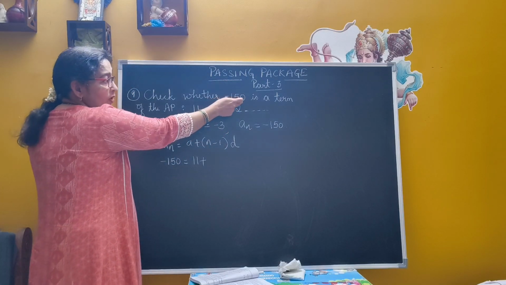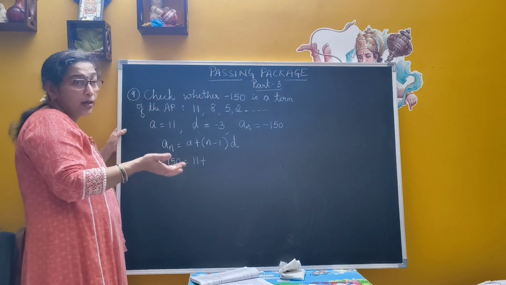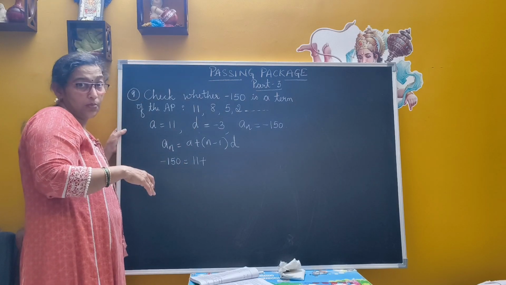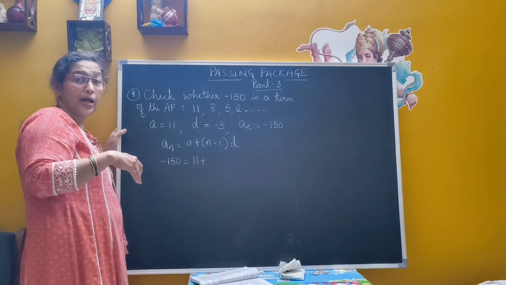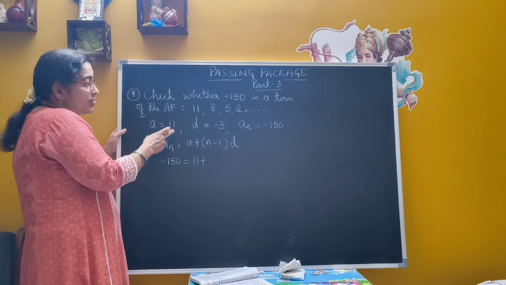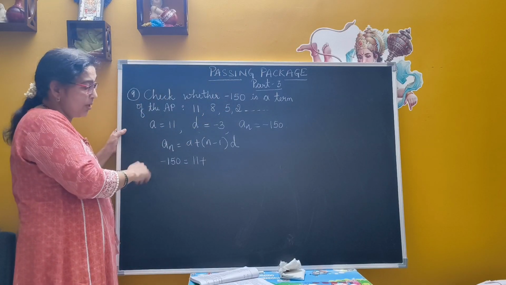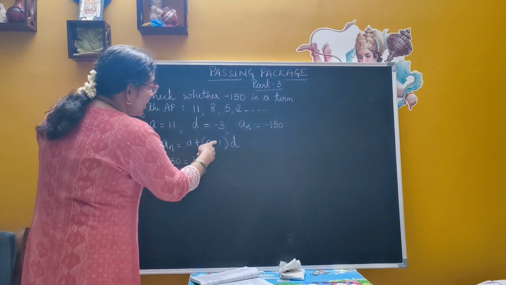Minus 150 is a term of this AP. If n is not a natural number, I mean if it is a negative number, or some fraction, or if it comes in a decimal form, then we say this minus 150 is not a term of the AP.